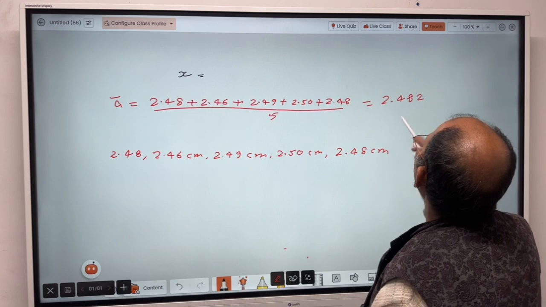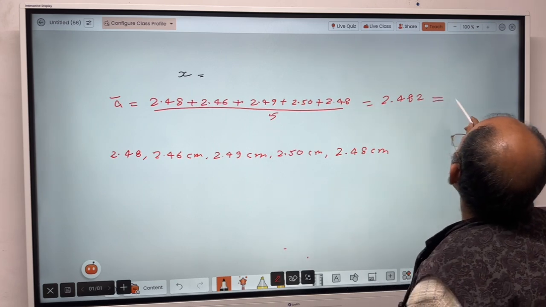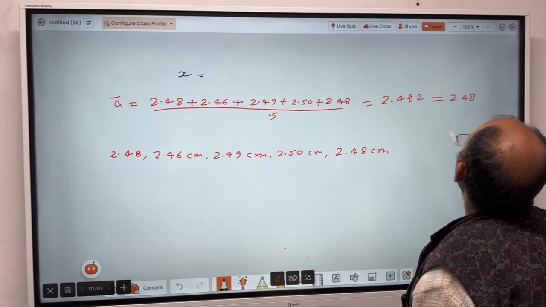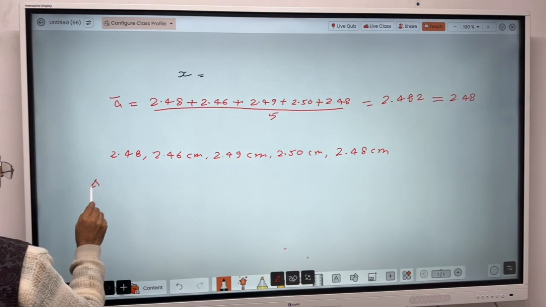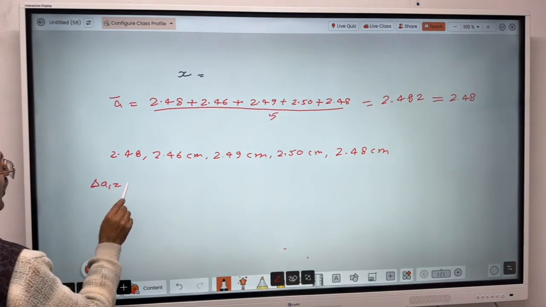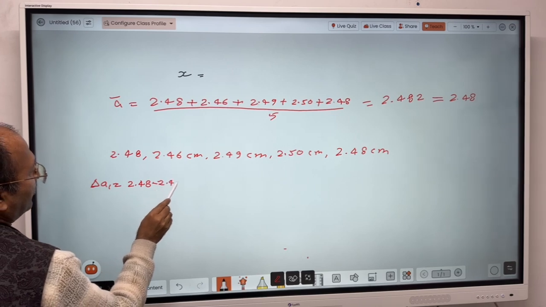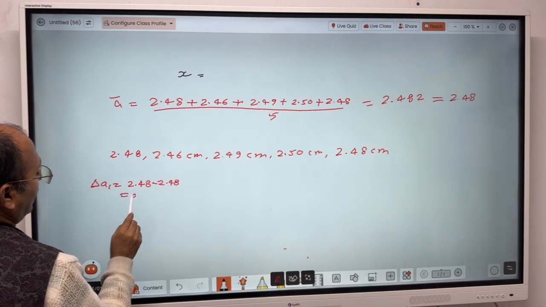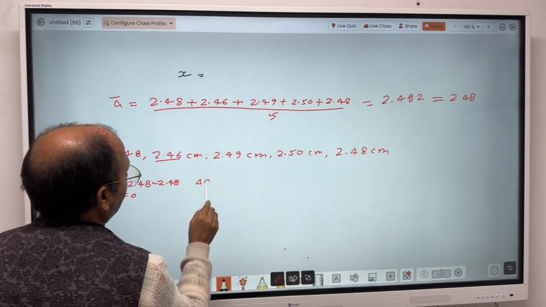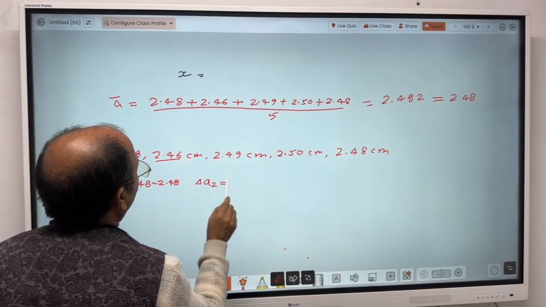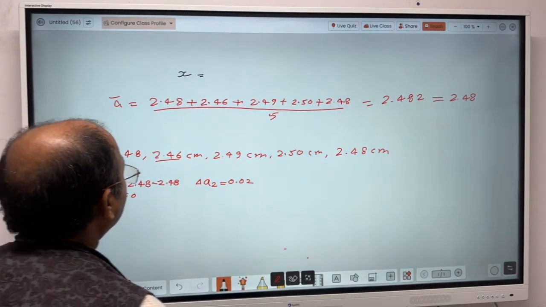2.482. So we can write the answer in terms of 3 significant digits, so 2.48. Now the next step is to find delta A1. So 2.48 minus 2.48, the first value. This is 0. Similarly, we subtract for this to get delta A2, so delta A2 will be equal to 0.02.